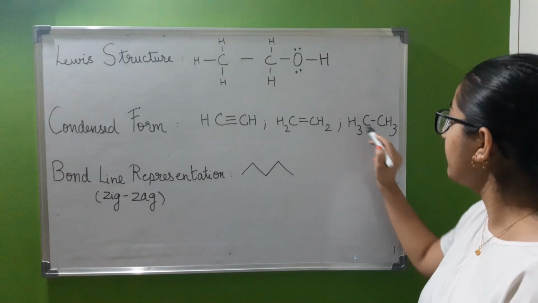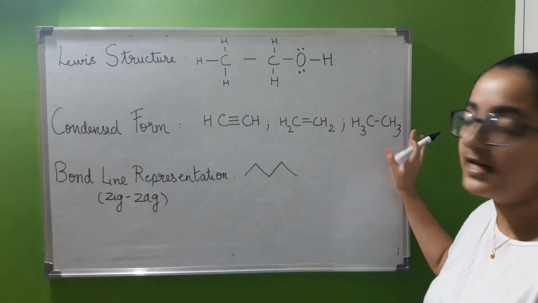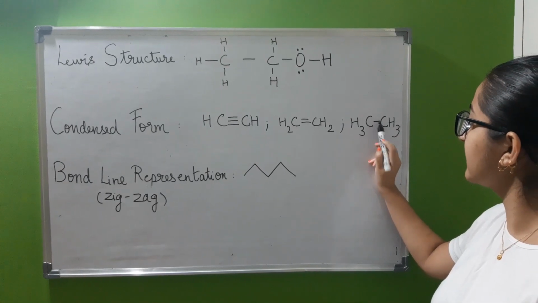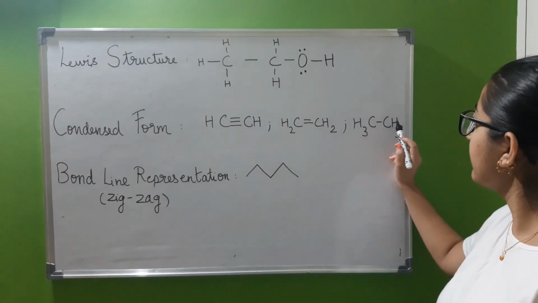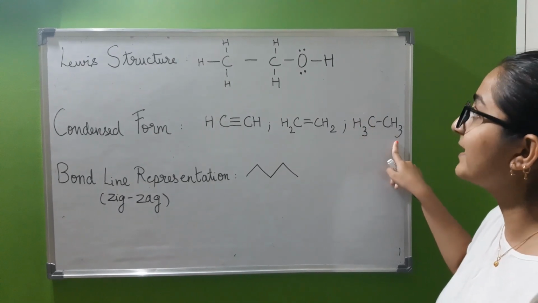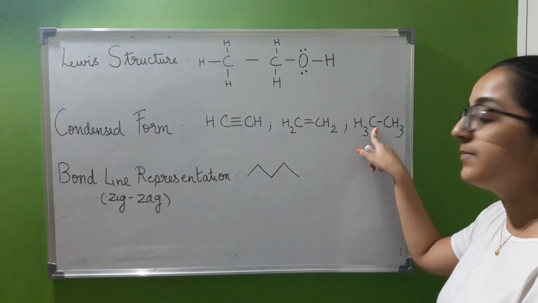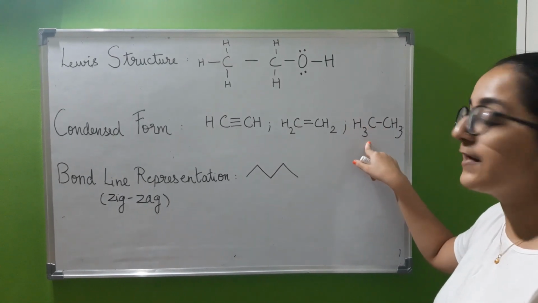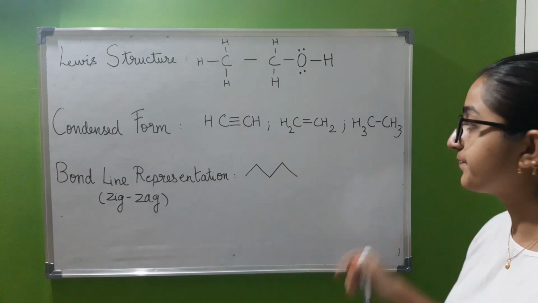Rather than writing 3 hydrogen bonds for each carbon, I have directly written H3C and represented the main sigma bond between them, and then written CH3. This gives us a clear idea that this carbon atom is attached to the other carbon atom by 1 bond and has 3 hydrogens attached to each one of them.